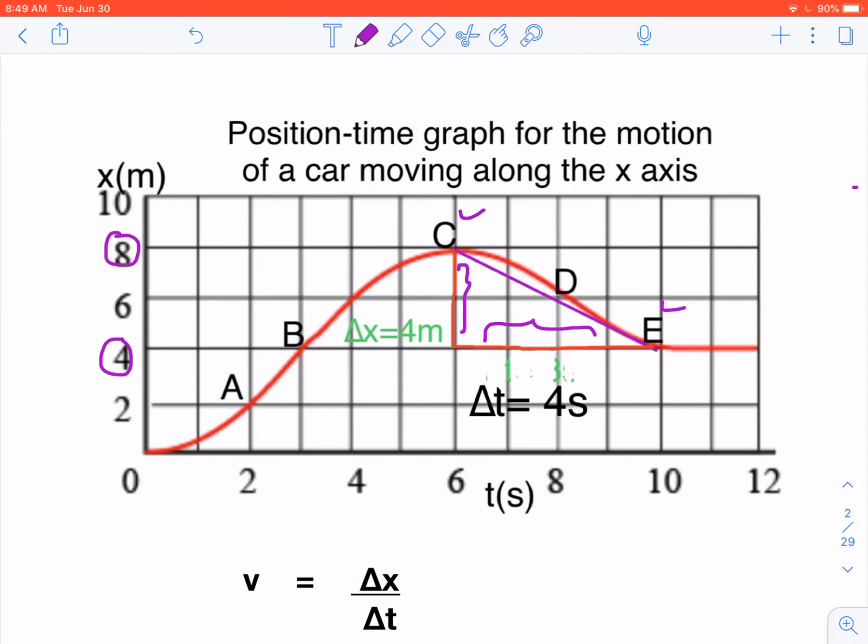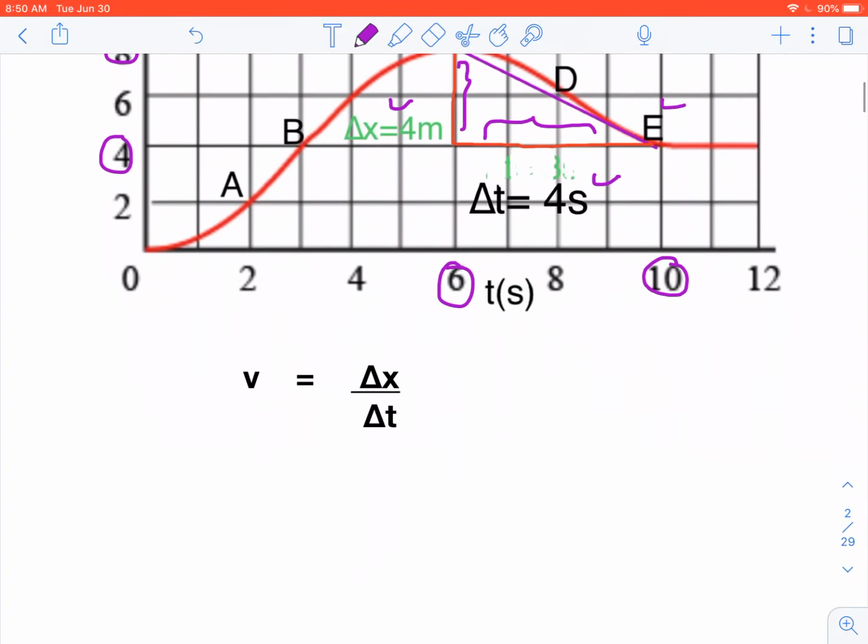Here we've got 8 and there we've got 4, so the change is 4, since 8 minus 4 is 4. And here we've got 10 seconds and that's 6 seconds, which would mean 10 minus 6, which is 4.